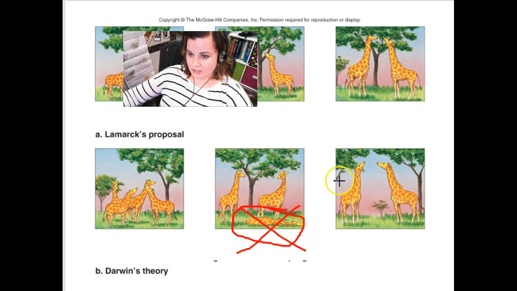According to Charles Darwin, I'm going to skip ahead a little bit here. Hang on a sec. There we go.